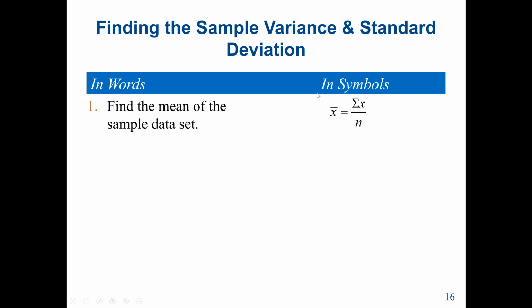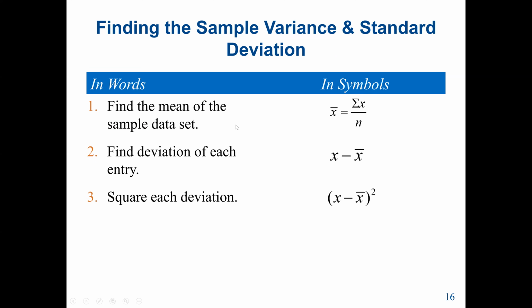So next, finding the sample variance and standard deviation: we find the mean, the same step as for the population. Find the mean of the sample data set, find the deviation, square the deviation, then we can find the sum of squares. Sum of squares means we find the difference between each value and the mean, then we square it, which will give the squared deviation.